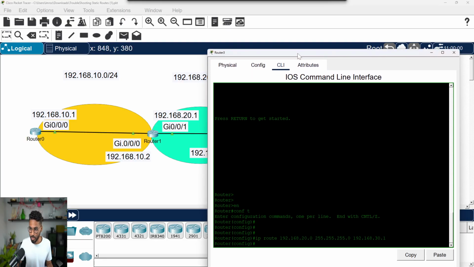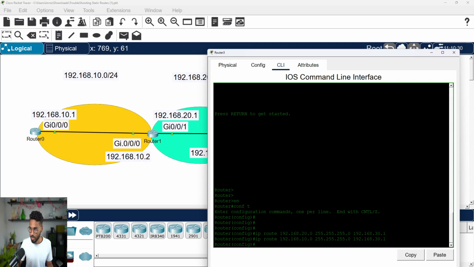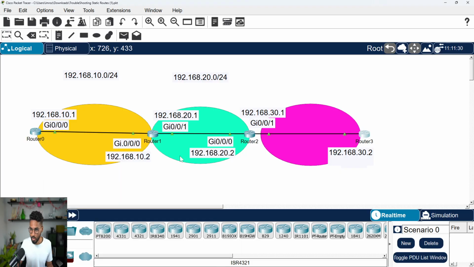Now it knows about the neighboring network, but it doesn't know about this one. So that would be another command, IP route, going to this network, 192.168.10.0, same subnet mask. And the first hop would be the same, 192.168.30.1. Now that is configured as well.